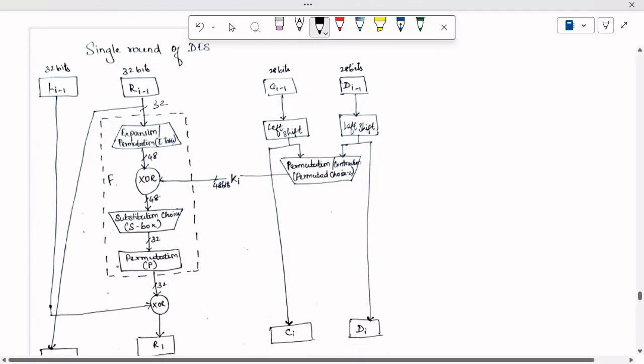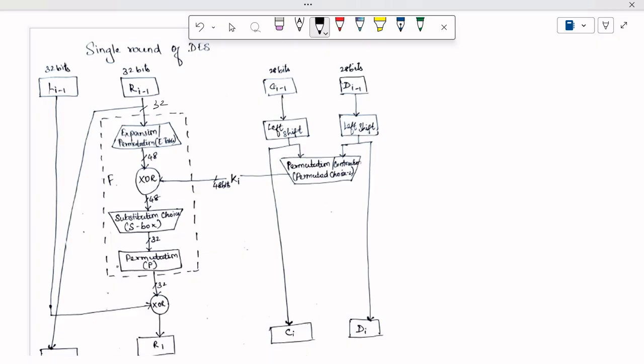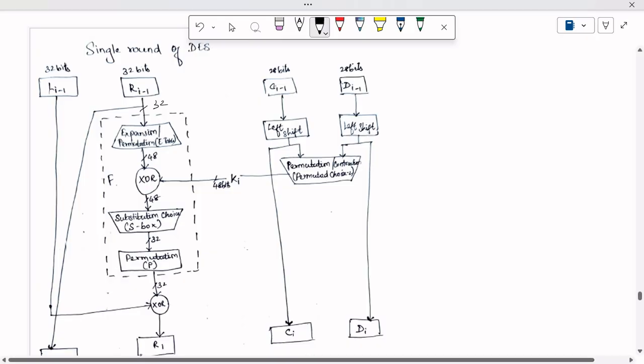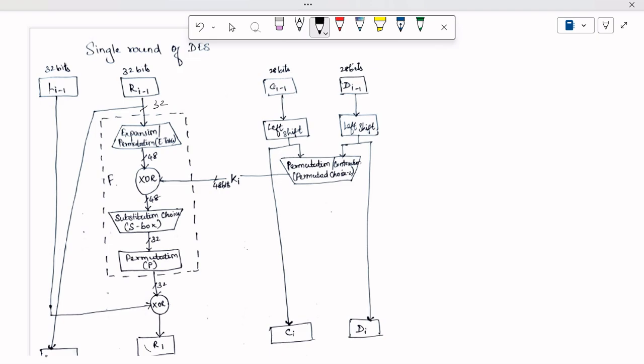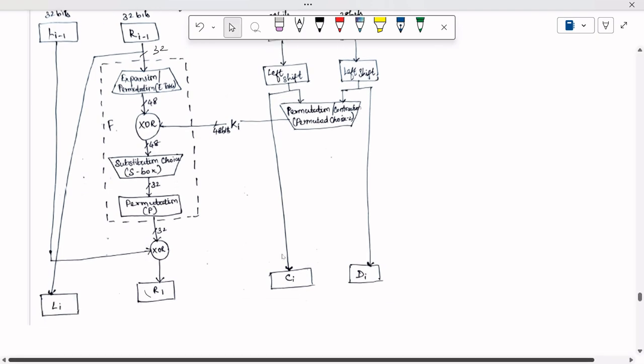Now this 32 bits is XORed with the unprocessed left half, and this output becomes the right half of the next round, and the unprocessed right half becomes the left half of the next round, right?